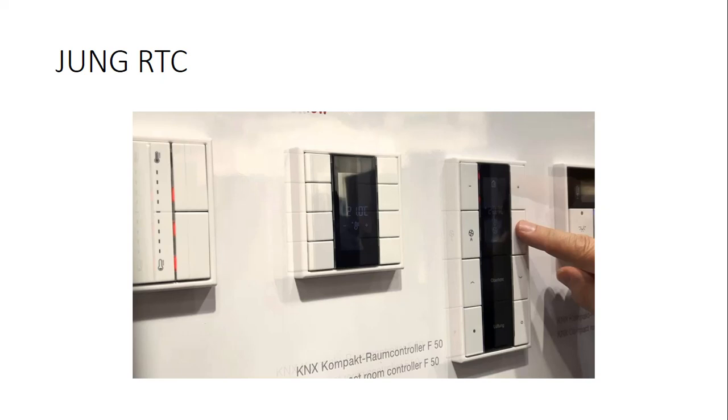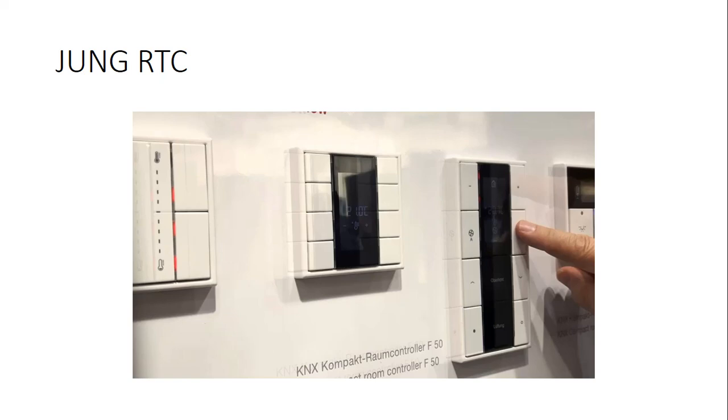I'm not going to use the RTC function, but I'm using this because I want to see the set point temperature and the actual temperature. The only reason I picked this one is because of the display, so I can see what's going on with the AC unit.